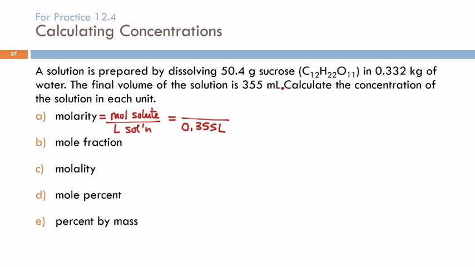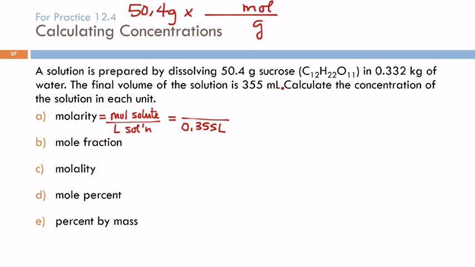How do we find the moles? We need the molar mass of sucrose, don't we? So we've got 50.4 grams of sucrose, and we're going to use the molar mass, with grams on the bottom and moles on the top. We have to calculate that, but they gave us the chemical formula. So we have 12 carbons times 12.01, plus 22 hydrogens times 1.008, plus 11 oxygens times 16.